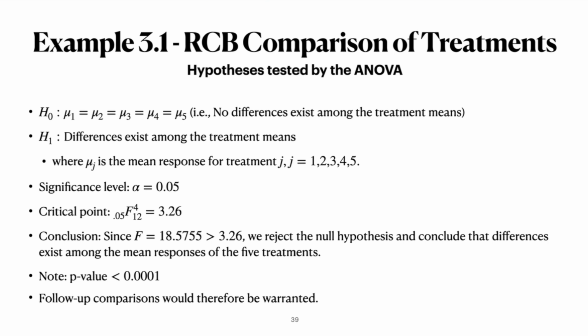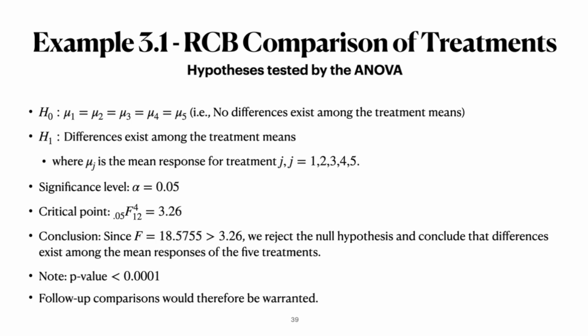Okay, so let's look at the hypotheses tested by the ANOVA. The treatment effects in this situation were the only treatment effects of interest to the researcher, and because of that, the treatment effects are fixed effects. So this is a fixed treatment effects model, and the parameters associated with the treatment means would be mu1 up through mu5.